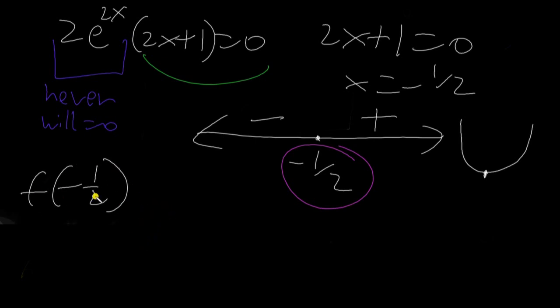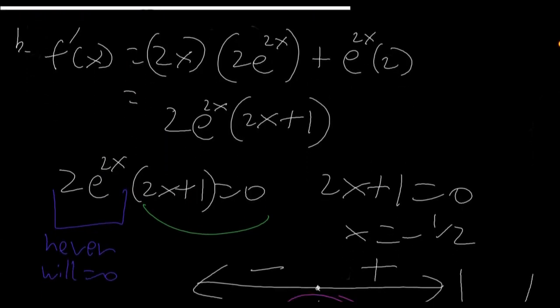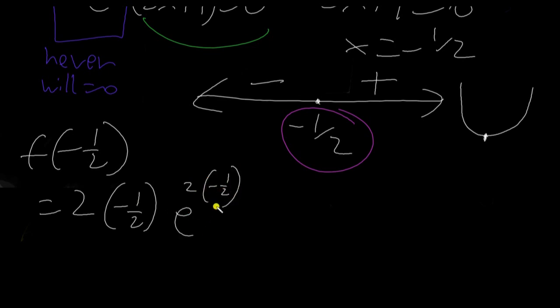So the minimum is f of negative 1/2, which, if you remember, f of x is 2x times e to the 2x. This cancels, and I get negative 1/e.